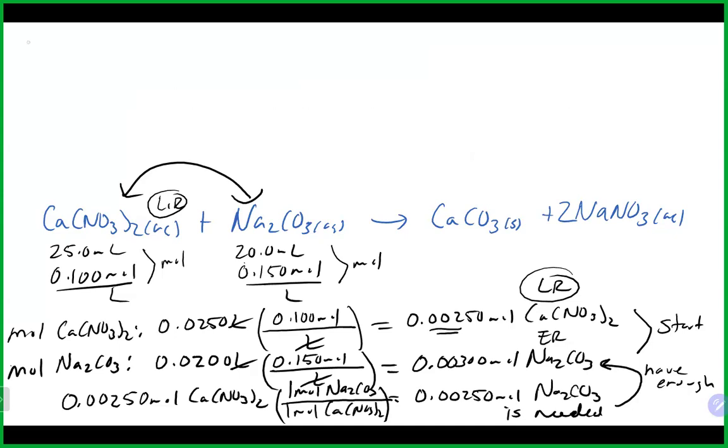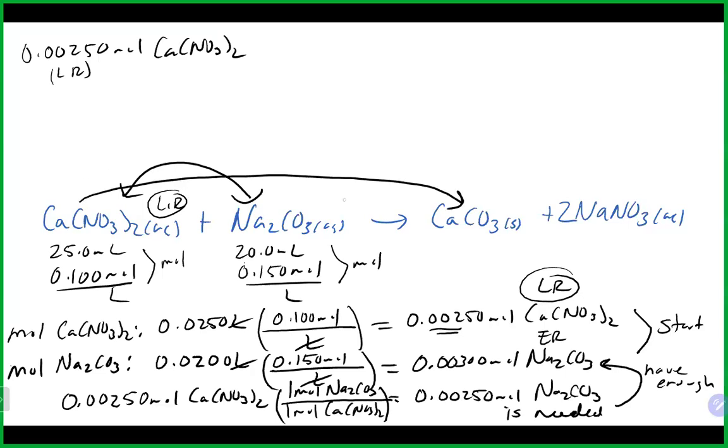We're going to start with our limiting reagent, starting amount 0.0025 moles of calcium nitrate. That again is our limiting reagent, starting amount of it. We can now do the relationship between our limiting reagent and our product in this case. And it also is a one-to-one relationship. We've hit a lot of those today, so that's not too bad again. We're going to do 1 mole of calcium nitrate will give us 1 mole of our product, which is our calcium carbonate.